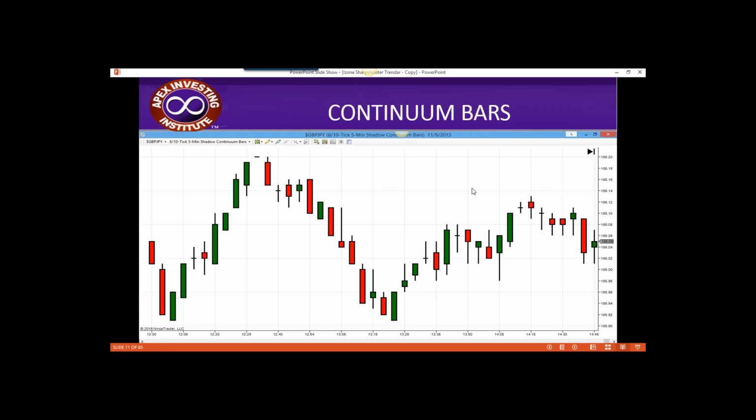Most of the templates you see us use, and most of the indices, we use 8-10. I'll show you where you can watch a full video about our different bars, exactly how they work, different settings, and so on. But I want to explain up front that any bars you see on our charts are these continuum bars, and that's how they work.